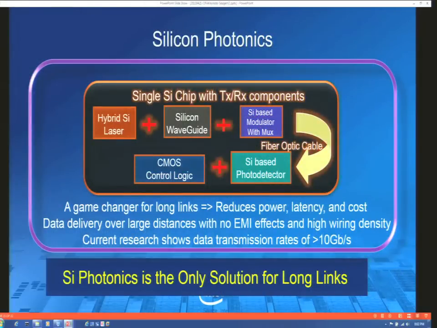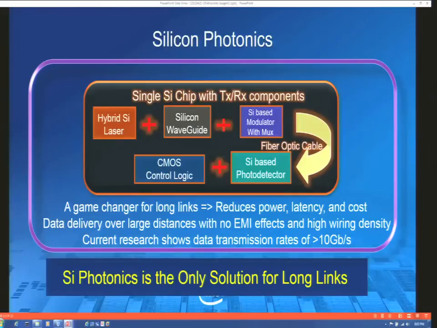Beyond a very short distance between integrated fabric interfaces in the processor, we think there's a need to go to silicon photonics. It's a single chip integrated transmission and receiving device that allows us, with a laser and a waveguide and silicon-based modulator with multiplexer, to very efficiently and at very low cost drive very high-speed interconnects.